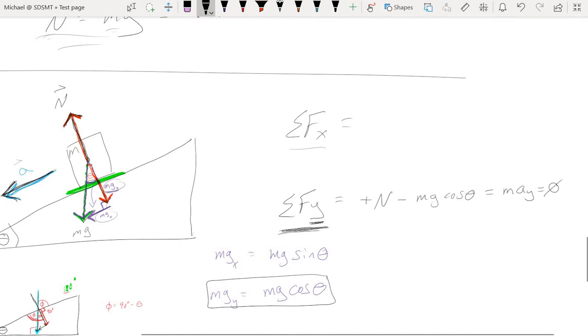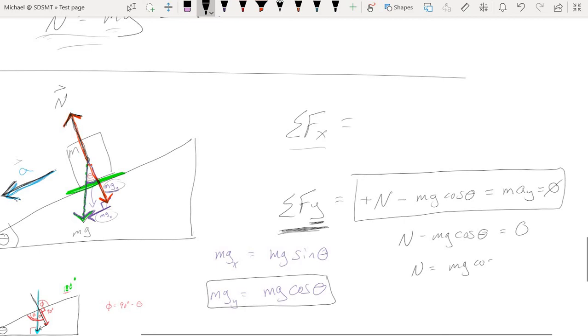And with that, I can now say something about the normal force. This expression says the combination of the normal force and that component of the weight has to equal 0, and so the normal force then has to equal that component of the weight. Well, what about the x direction? What's happening there?